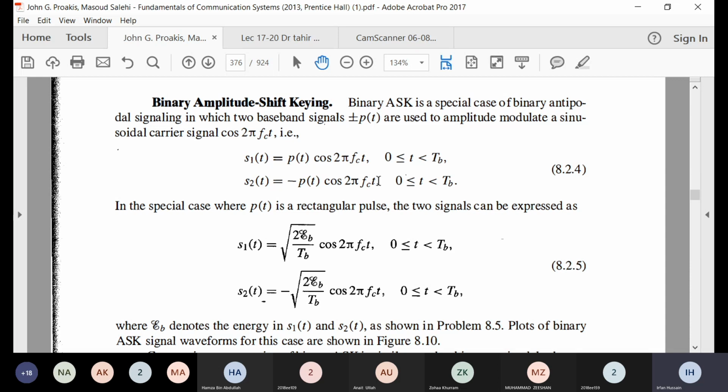So this was my S1, this is given, and this is my S2, and where p(t) is the rectangular pulse of amplitude that comes out to be 2Eb over Tb. This we have actually already seen here, that this pulse is of length 2. So S1 is this signal and S2 is this signal. Again, we need to find its orthonormal basis.